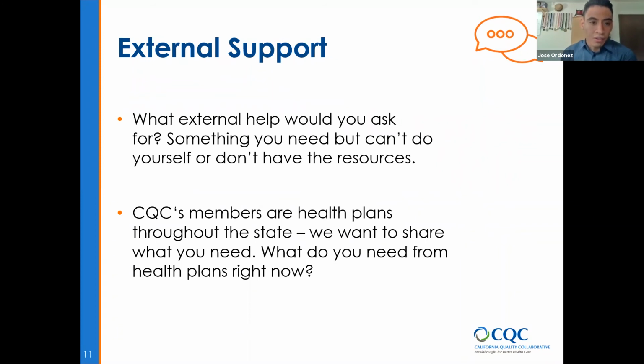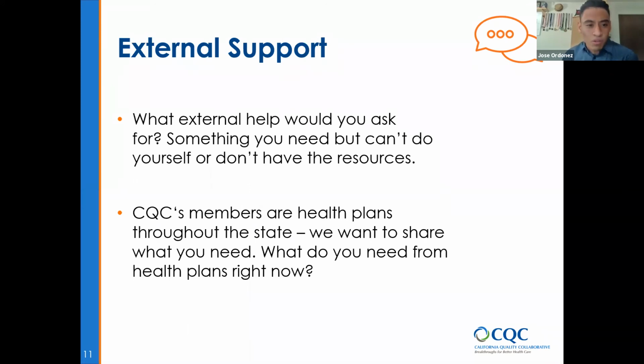This is the time again for the whole health system to unify and to really learn from each other during this moment, and also figure out what our needs are as well. So in this next section, we want to see what resources are out there and what you need. In this call we have organizations that provide technical assistance, we have health plans, we have funders.